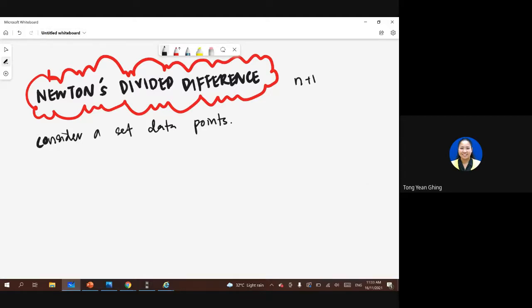So that means if we have 4 data points, n is 3. If we have 5 data points, n is 4. Okay, so let's consider we have a set of data points.